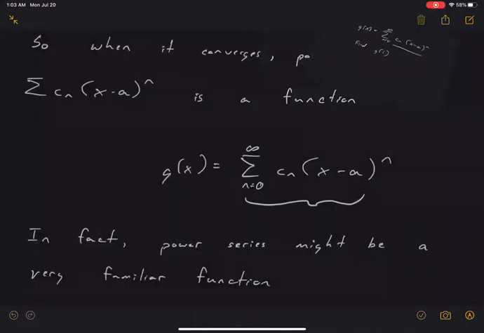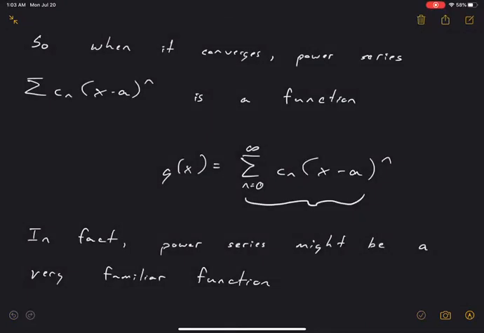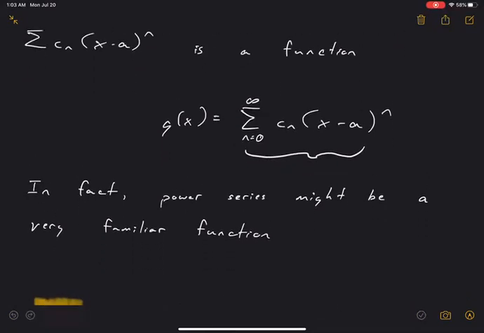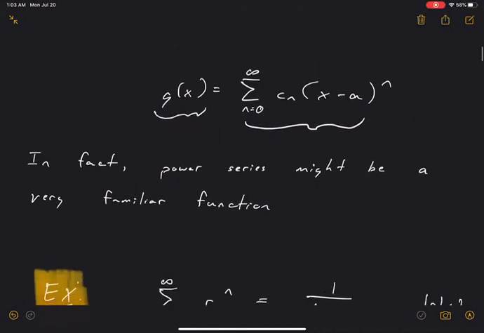So these power series are functions, and we can deal with them like functions on their own. But what's interesting about power series is that sometimes the function on the left-hand side is something we recognize. We can write it as something more specific than just g of x.